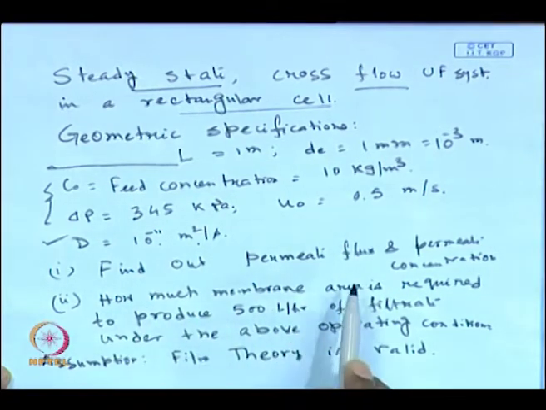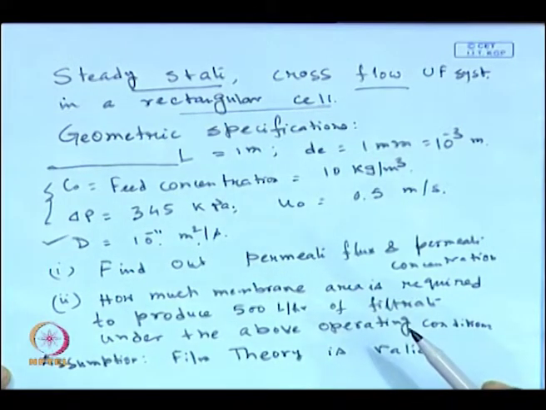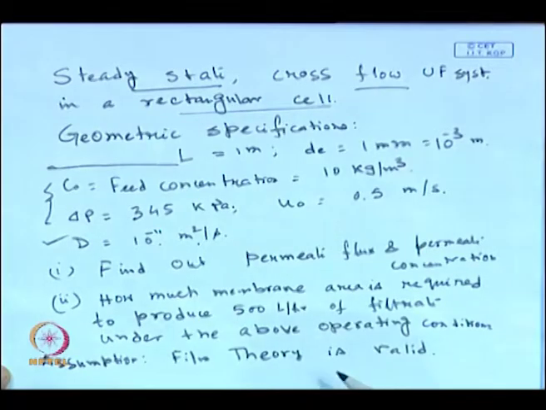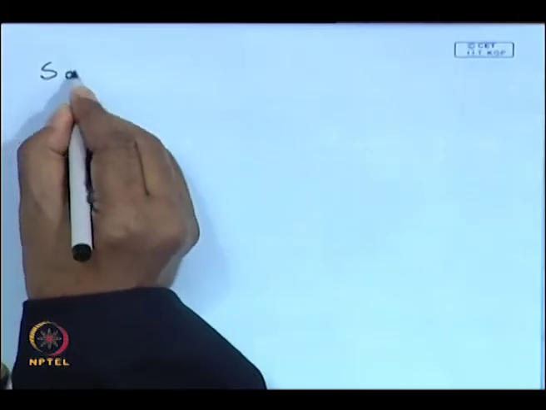You have to find the permeate flux and permeate concentration, and also the membrane area required for a productivity of 500 liter per hour at these operating conditions. We assume that film theory is valid, that means there is a constant film thickness over the membrane surface, and we are going to calculate the various quantities asked for. So, let us look into the solution now.